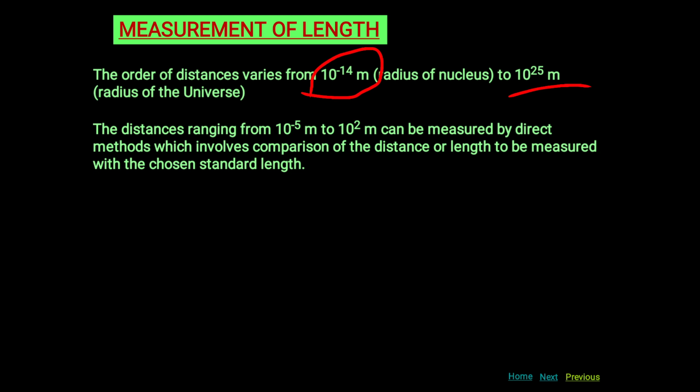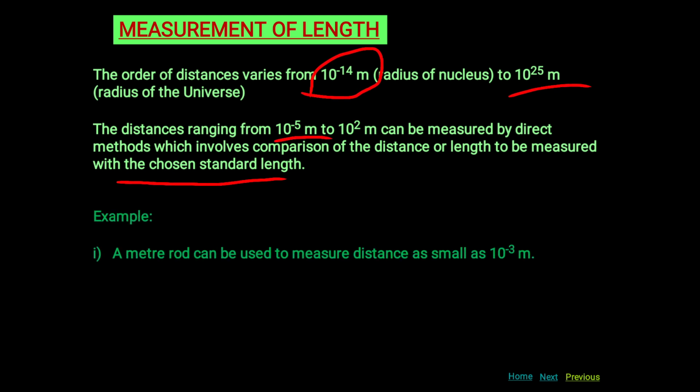Okay. Distances ranging from 10 raised to power minus 5 meter to 10 raised to power 2 meter can be measured by the direct method, which involves comparing the distance or length to be measured with a chosen standard length. For example, a meter rod can be used to measure distances as small as 10 raised to power minus 3 meter.